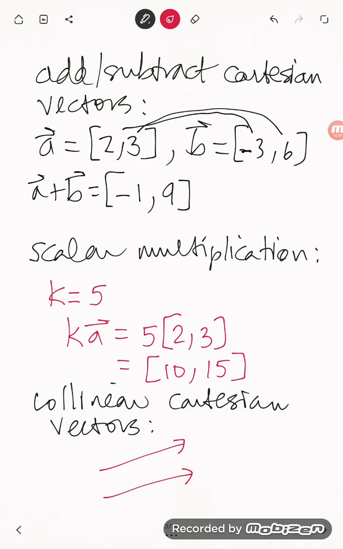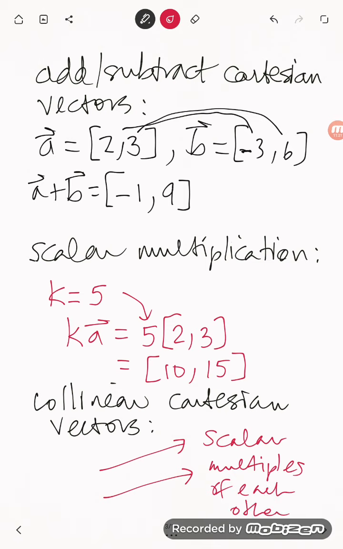Because all we did here with the scalar multiple is we multiplied a vector by a scalar which only changes its magnitude and not its direction. So therefore collinear vectors are scalar multiples of each other. So any vector that is a scalar multiple of another Cartesian vector is collinear to that original vector.